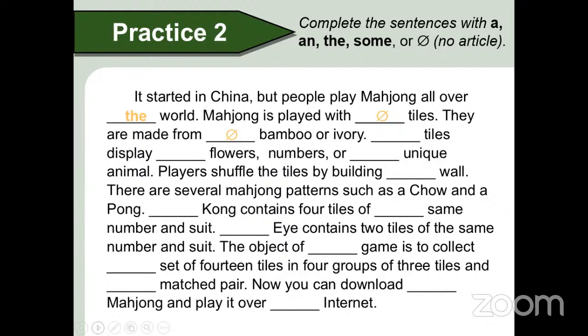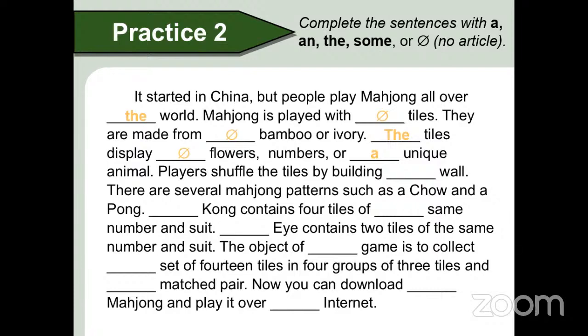And the next one, the tiles display a flower. A, the, and, some, right? Or no article. What do you think? Some, no article, okay. Numbers or a unit, okay.